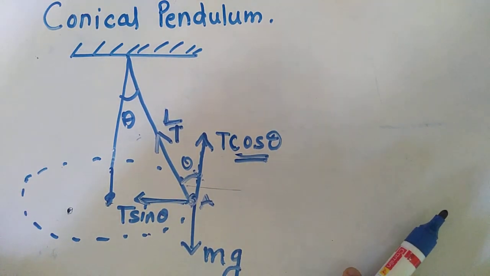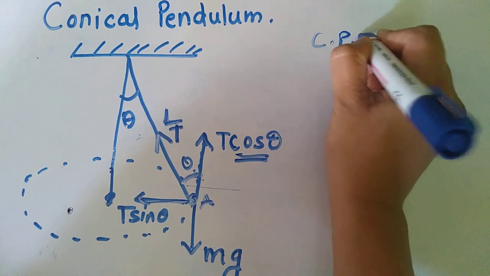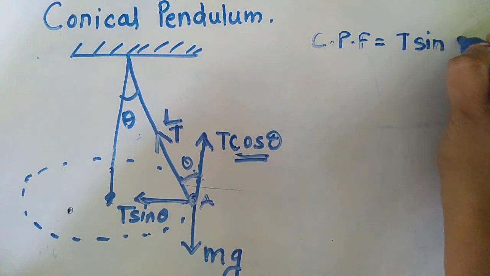Now we saw in the last lecture the centripetal force. What is a centripetal force? That force which is towards the center. Which force is towards the center? Yes, T sin theta is the force towards the center, which is the centripetal force. So centripetal force is equal to T sin theta.